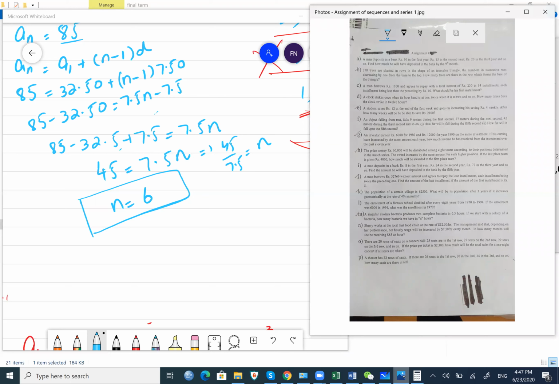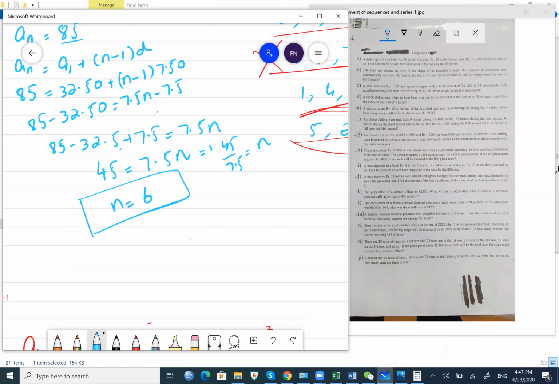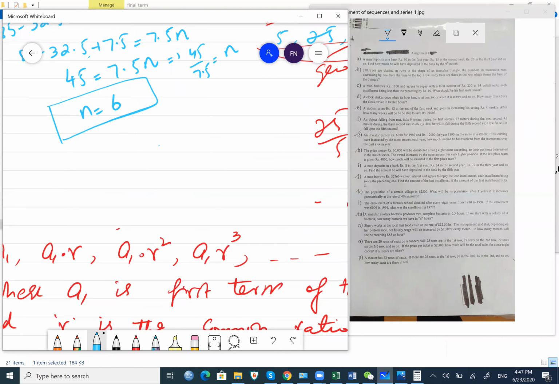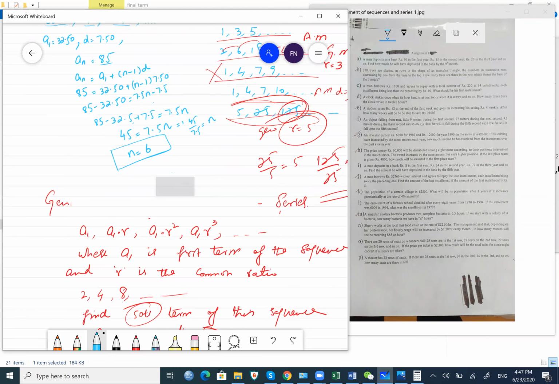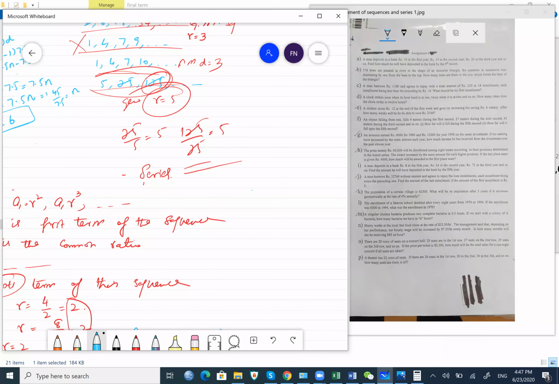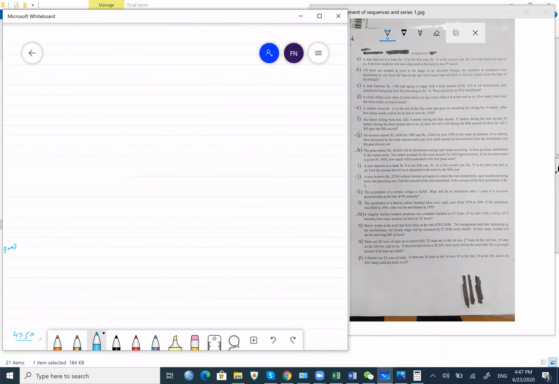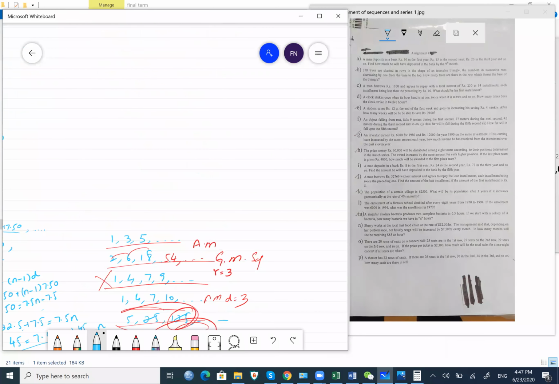I'm just very confused which formulas to use. No problem. You just see which series you are given. Is it an arithmetic series or geometric series?